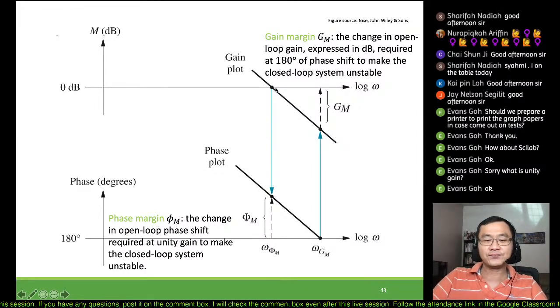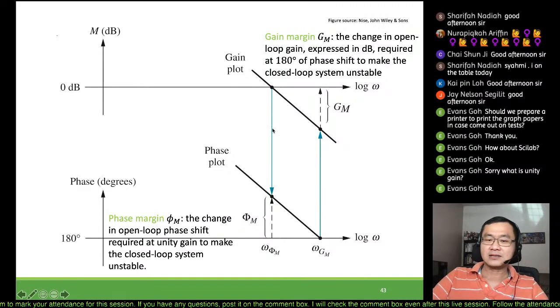Whereas the phase margin represents the change in open loop phase where it shifts in order for the phase angle to become unstable. You can see that it will occur in just a reverse direction, taking at 0.